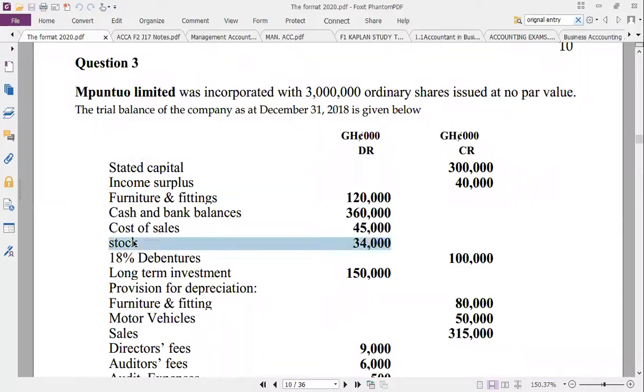They didn't say whether it's closing stock or opening stock. No date. But once there's cost of sales here, automatically it makes this stock the closing one. Because cost of sales and closing inventory are very good friends, and they are twins. They move together.